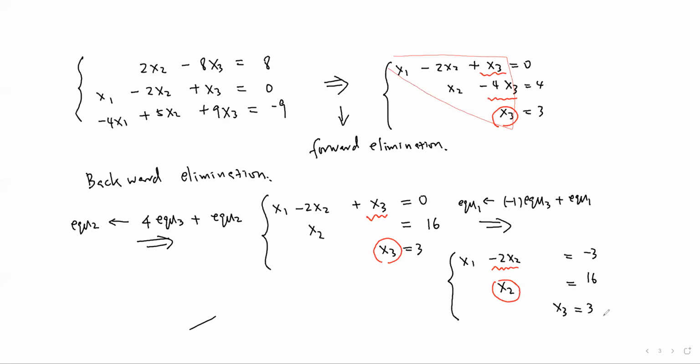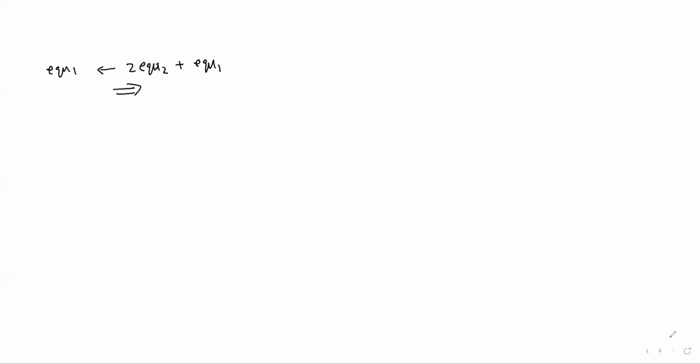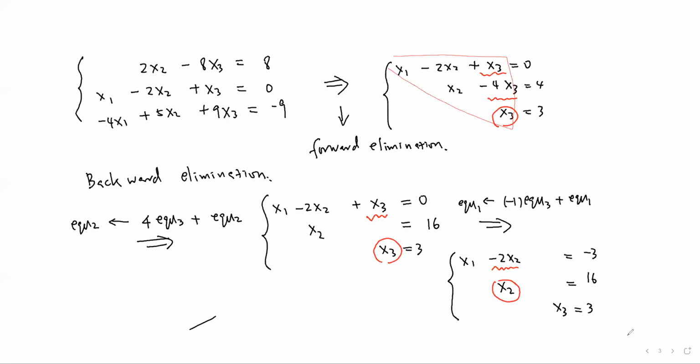X3 is 3, X2 is 16. Now, what is X1? X1 is 2 times equation 2 added to equation 1, so negative 2 X2 is gone.